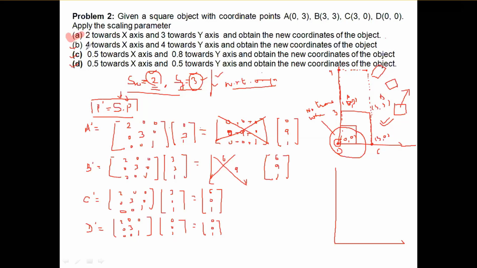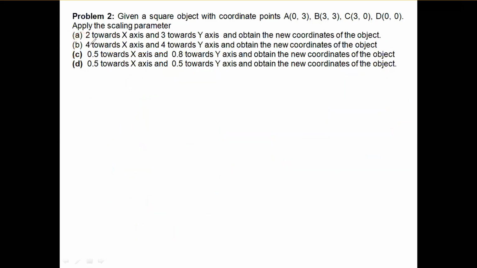Now let's go with the B part. I'll just explain it theoretically; the rest of the calculations you will do on your own. In this case Sx is equal to 4 and Sy is equal to 4.